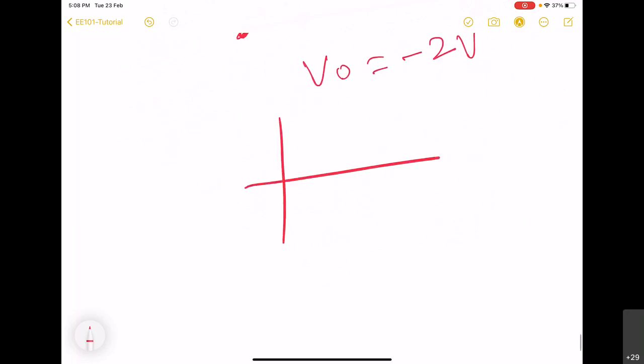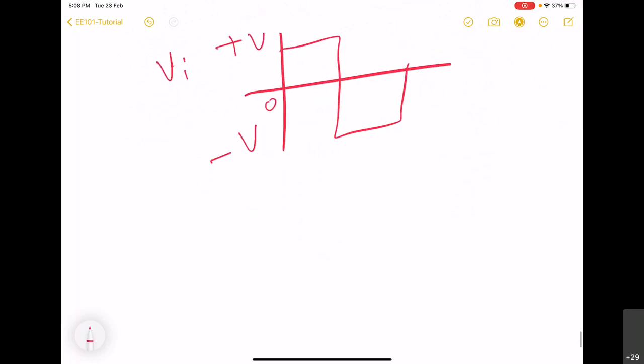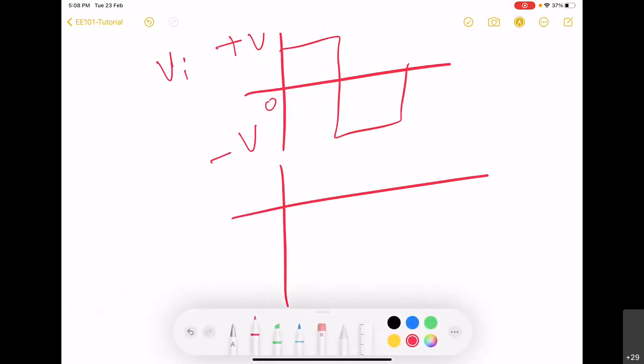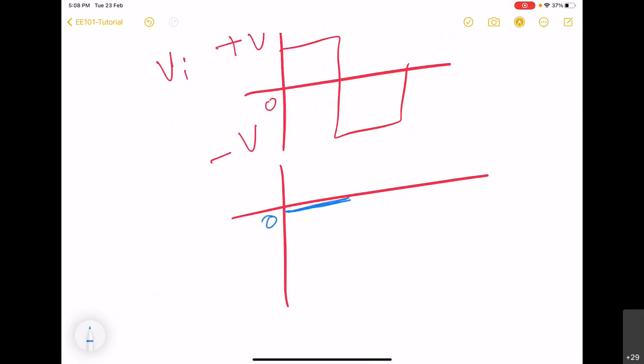So now if we have this input waveform from plus V to minus V, this is Vi, then what we are going to get for the output is something like this. It is going to be 0 for the first half, and then minus 2V for the second half.